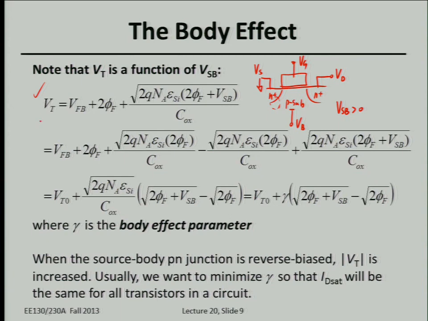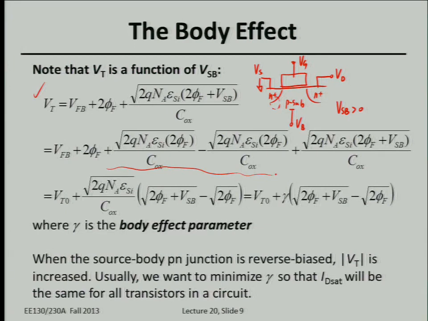Under this condition, if we look at the threshold voltage as a function of substrate bias VSB, we also add another term, which comes from the voltage drop across the oxide at zero substrate bias.